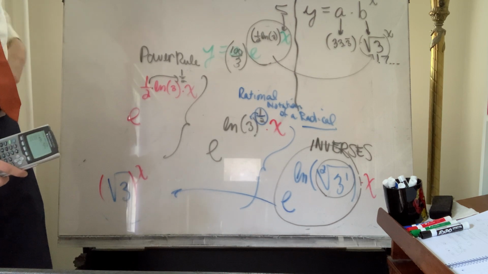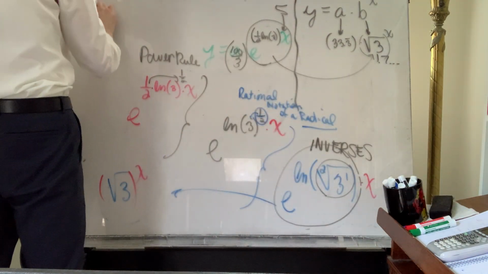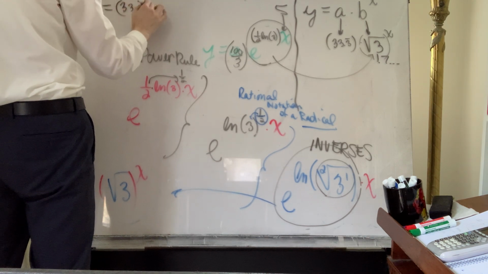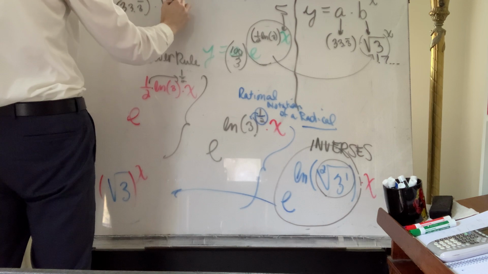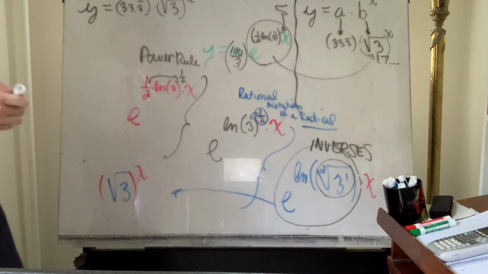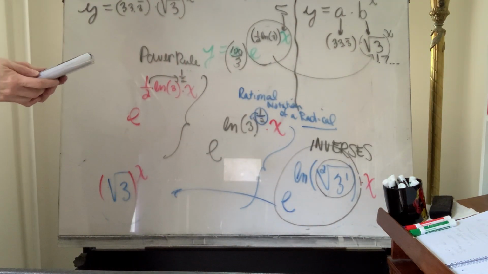All right. So essentially, y is equal to 33.3 repeating times the square root of 3 with that as your x input there. All right. It's easier to type that naturally. So I'm going to type this first.